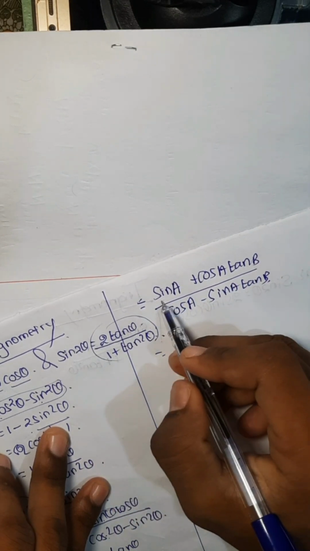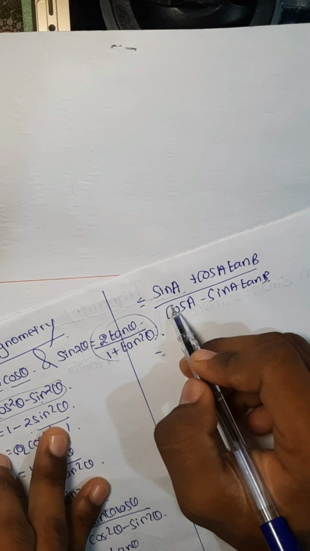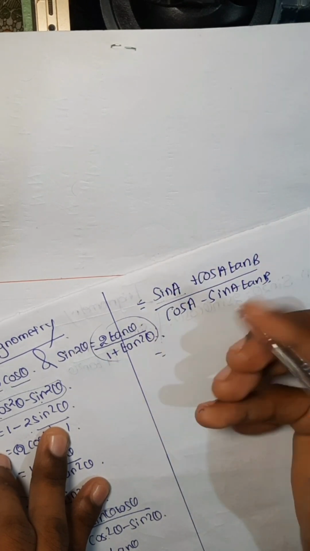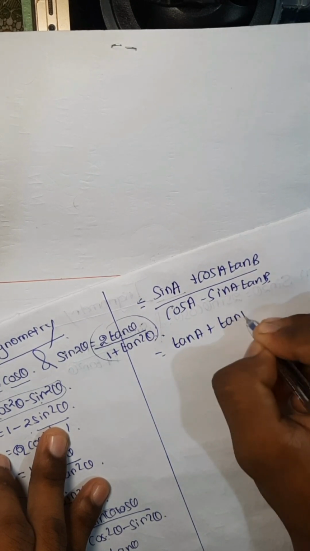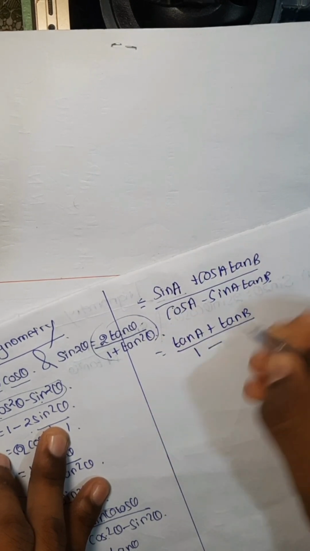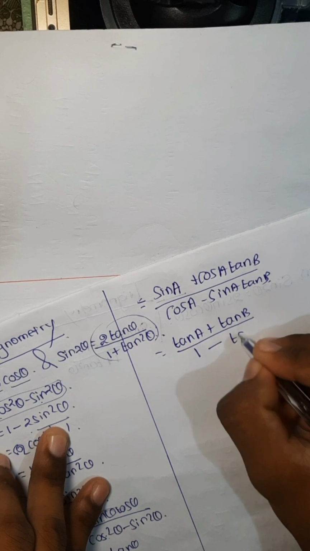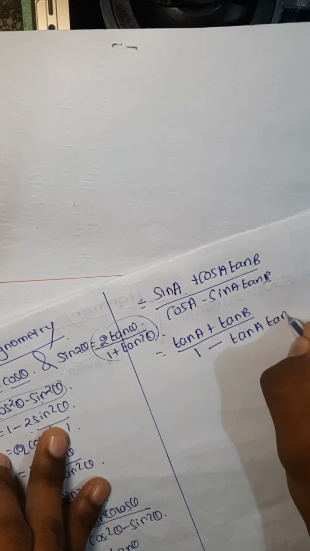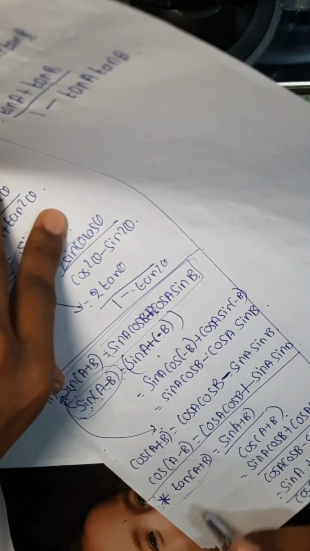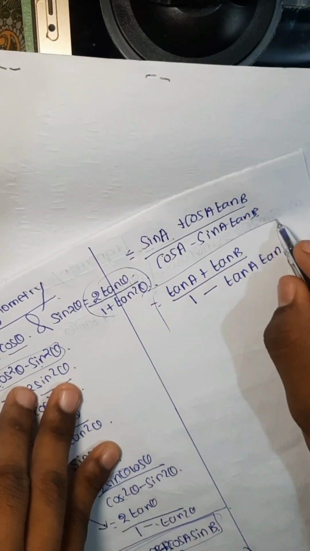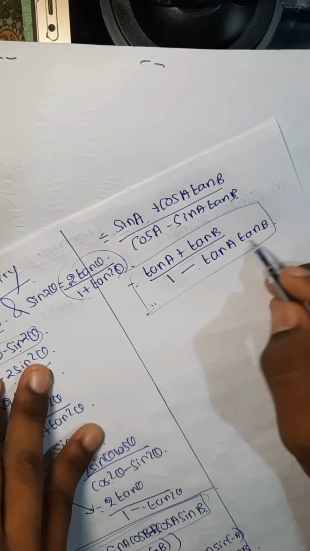So, we have to divide by cos A to make sin A into tan. Therefore, this is tan A, and cos A is cancelled, therefore tan B. Therefore tan(A+B) is given by (tan A + tan B) over (1 − tan A tan B).